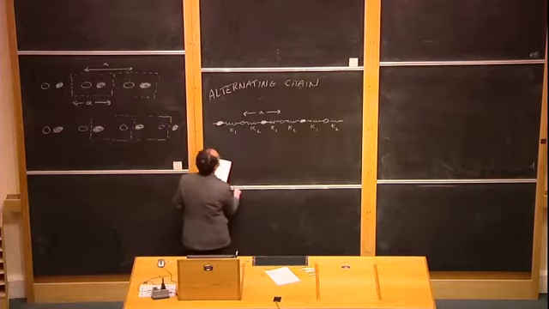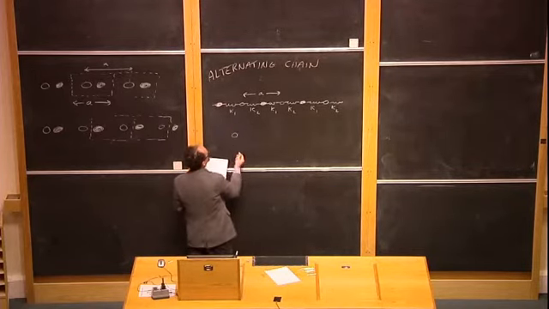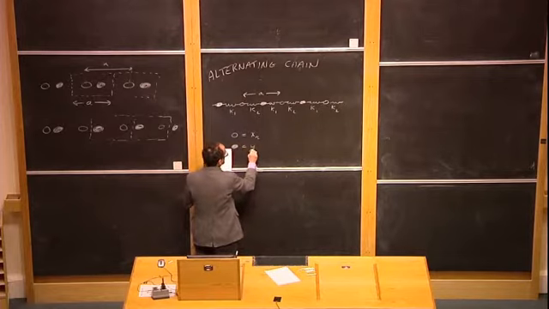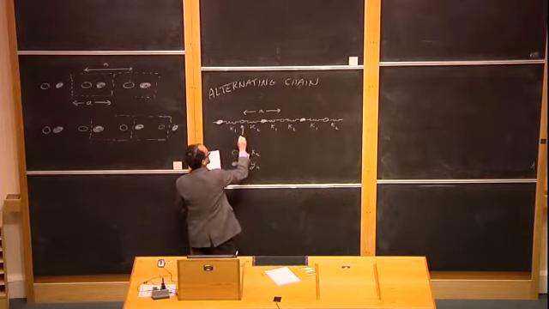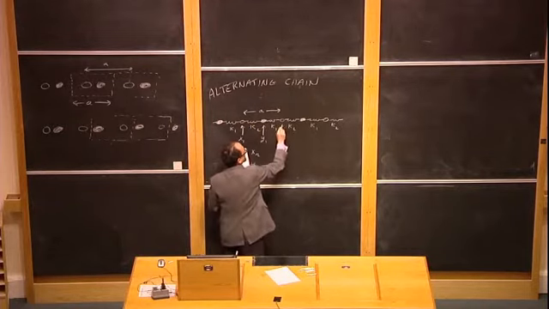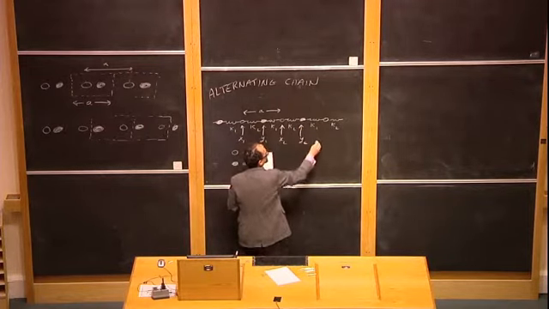So let's write down some coordinates. Let's let the light-colored atoms have positions xn, and the dark-colored atoms have position yn. So for example, let's let this one be x1, this one will be y1, this one will be x2, this one will be y2, and so forth.